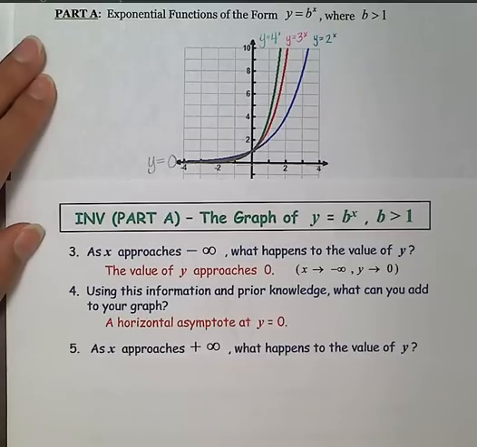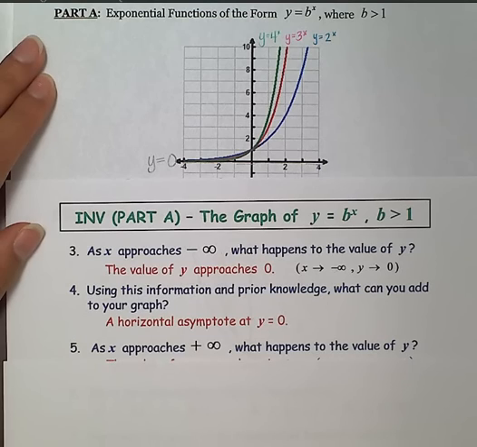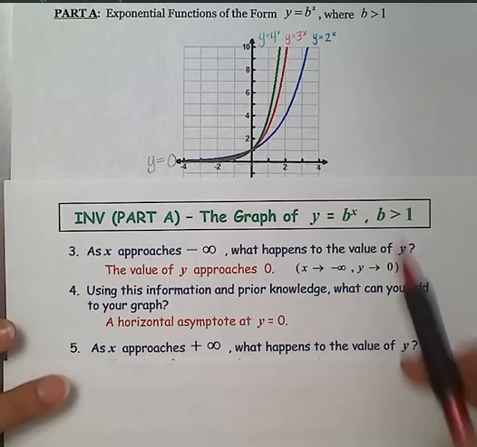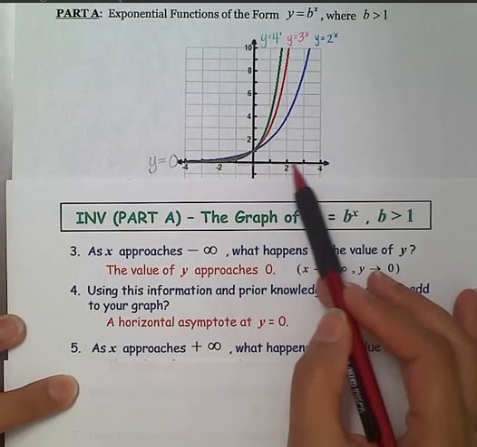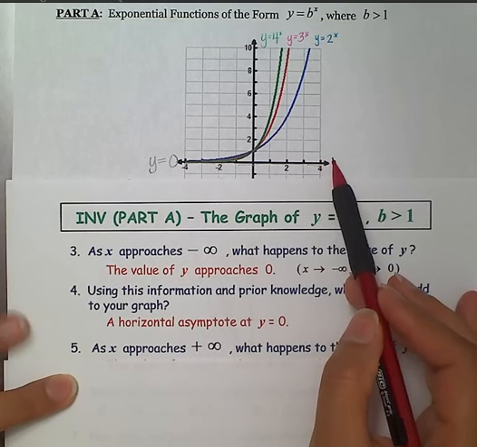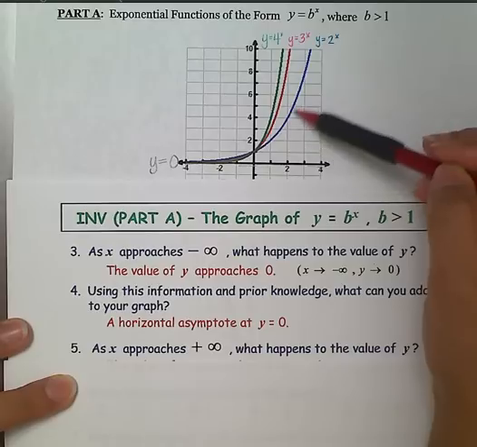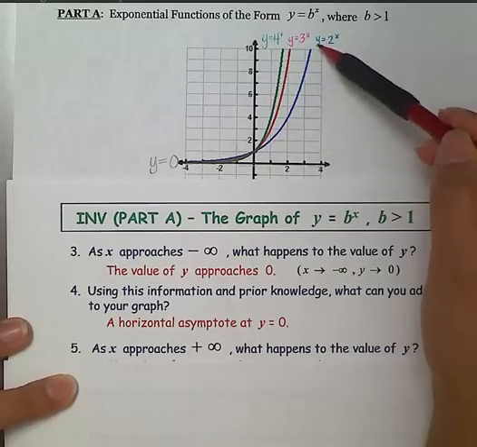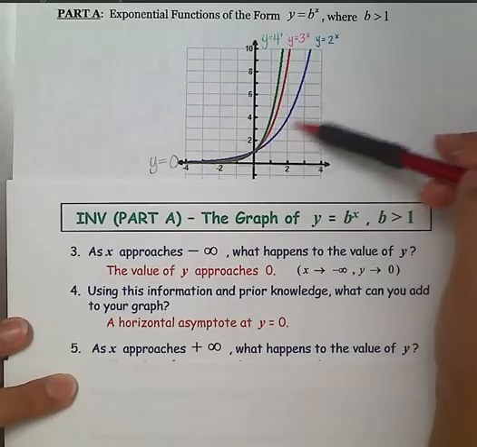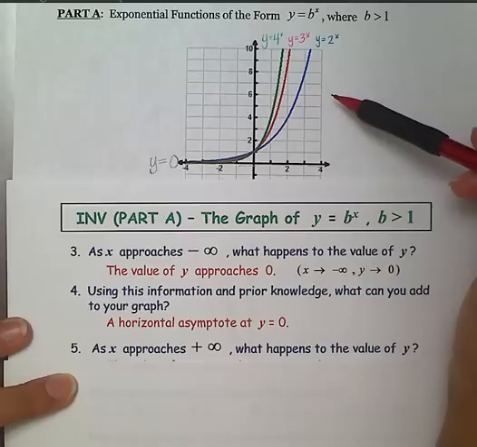The next question is, as x approaches positive infinity, what happens to the value of y? As I increase the value of x, what's happening to the value of the function? All the graphs are going up and to the right. As x gets larger and larger, the value of the function also gets larger and larger.